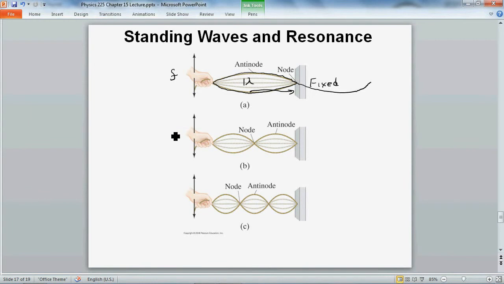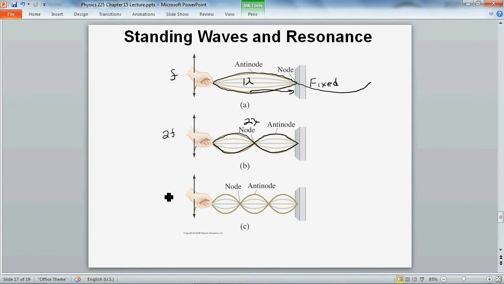Now if we go twice the frequency, then we get 2 full waves in the same distance. So here's our first wave, and the second wave is inverted, coming back. So here we have 2 lambda.